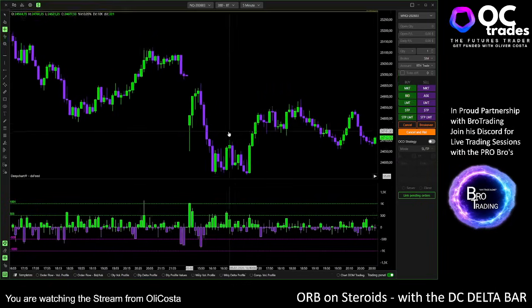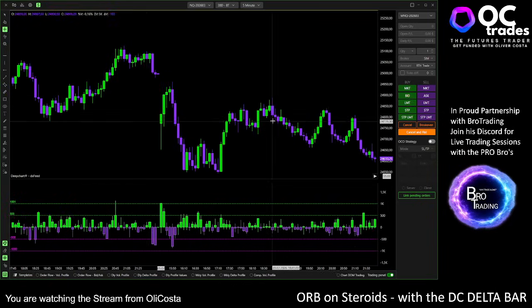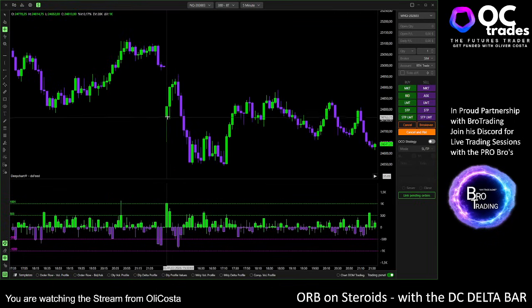But when it breaks the zone down here, and now you see the opposite side, you have very negative delta going on this candle already, on this candle. So this could also be confirmation that it breaks these levels now.